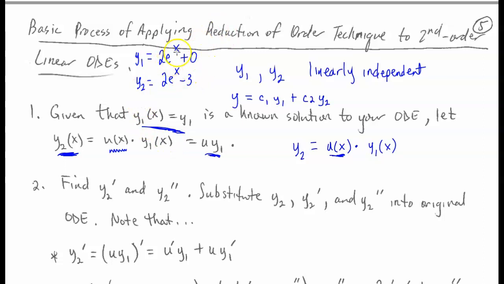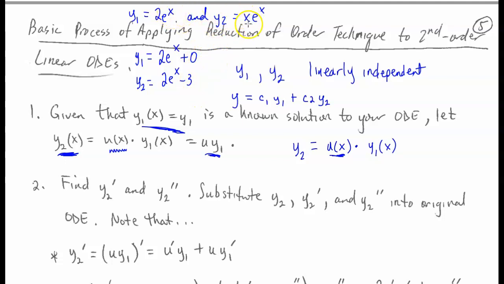But the point here is that if I had something like y1 equal to e^(2x), and let's say this was x times e^x, then if I took these two and subtracted one from the other, I'm not going to get a constant value as the difference between them.